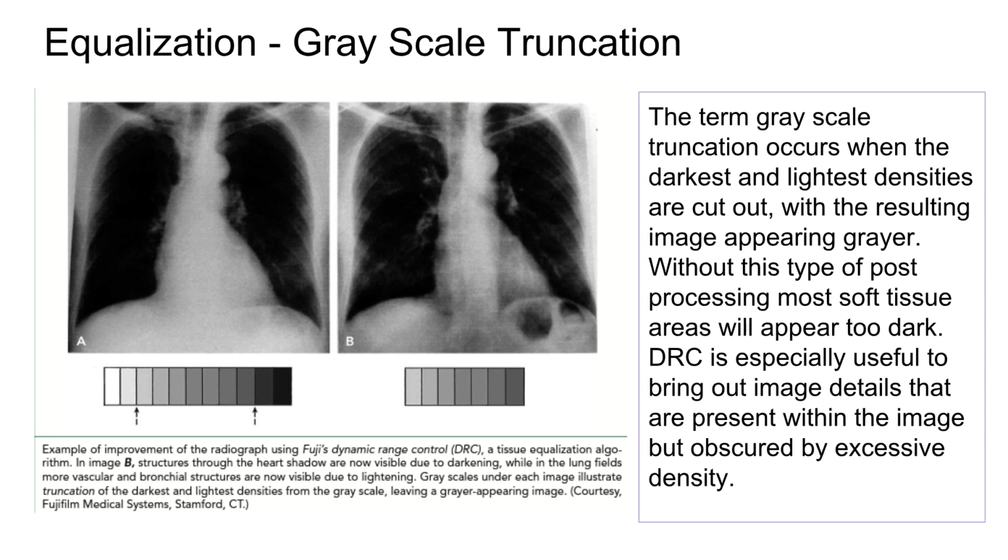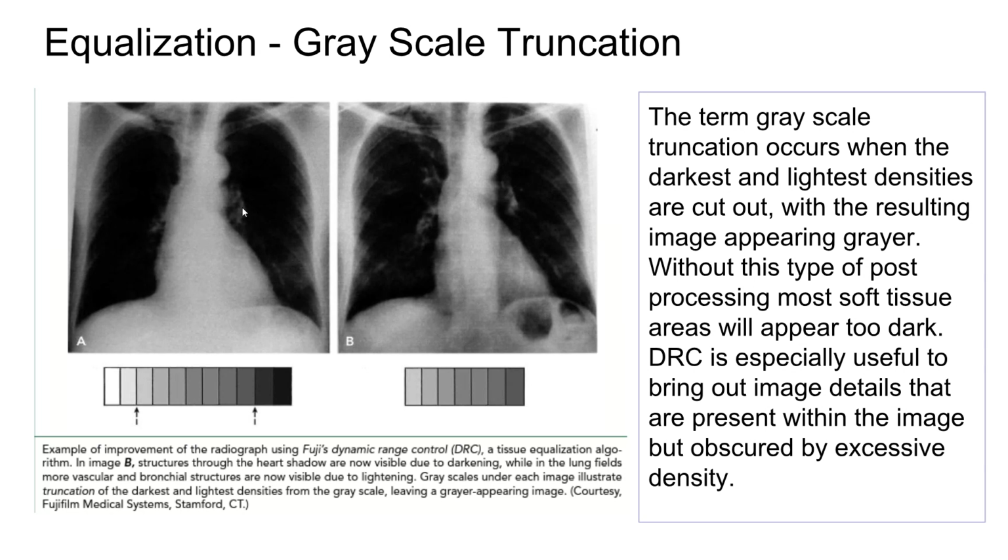Our contrast on the right side is a little bit higher in that we can now make out more anatomy. I don't know if you could see it back there, but I won't read this word for word. Essentially what it's saying is that you can now see some of the vertebra behind the shadow of the heart here on the right side compared to the left. You could also see some of the soft tissue in terms of the lung parenchyma over here that you can't really see over here.